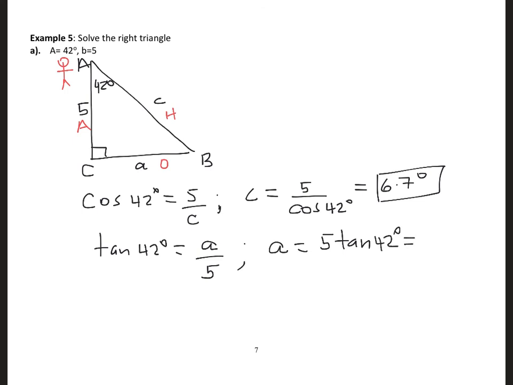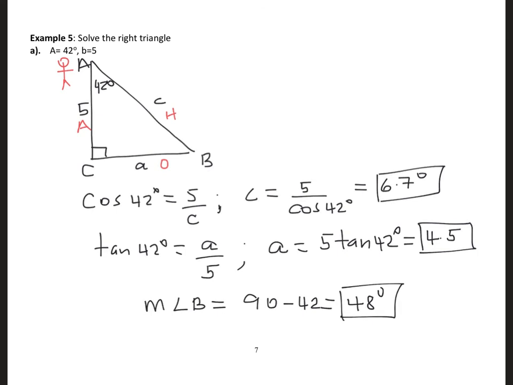And when I put that in the calculator, I get 4.5 units. All I need to do now is to find the measure of angle B, which is going to be 90 minus 42, and I get 48 degrees. And that's how to solve triangles. That's how you do it.